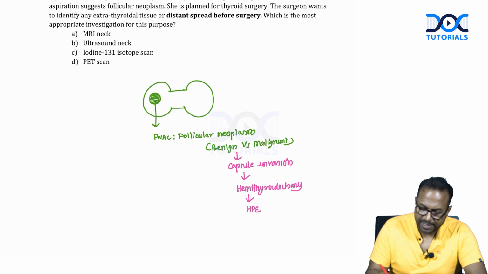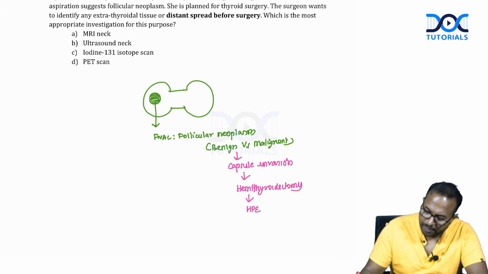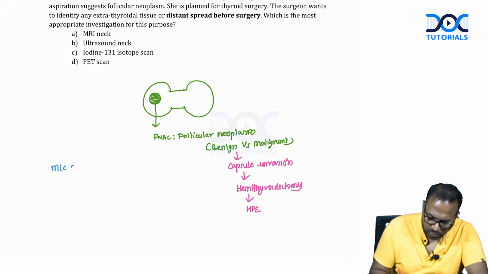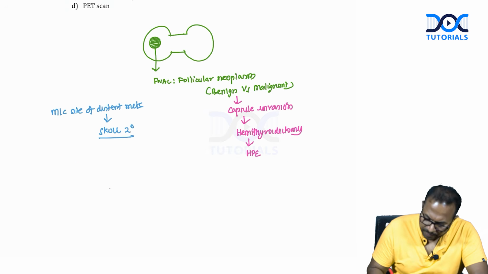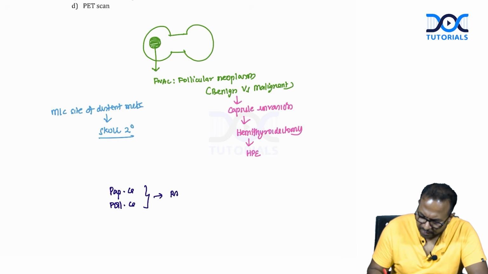So follicular cancer can produce metastases. The most common site of distant metastasis is usually the skull. Skull secondaries are common. Papillary cancer and follicular cancer both take up radioactive iodine very well.